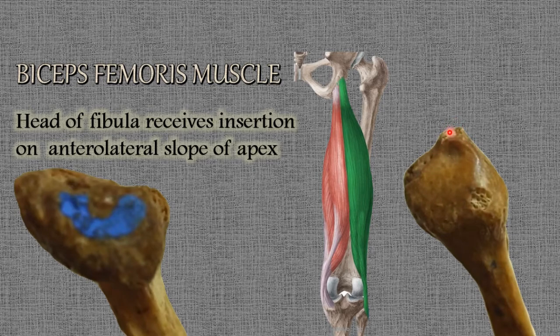This was the apex or the styloid process. The styloid process lies posterolaterally, and this slope, anterolaterally, is the one taking insertion of the biceps femoris muscle.